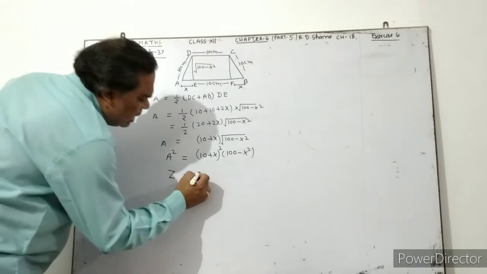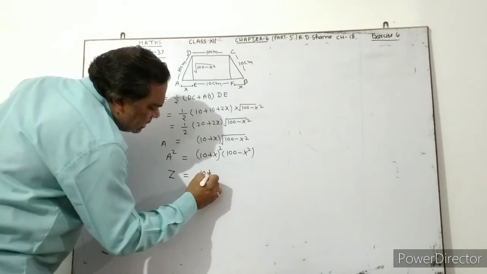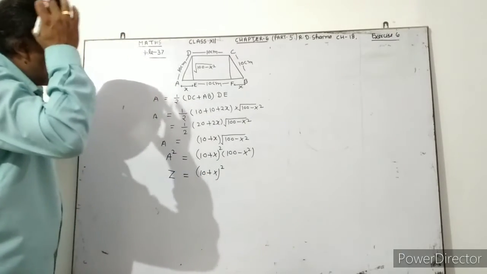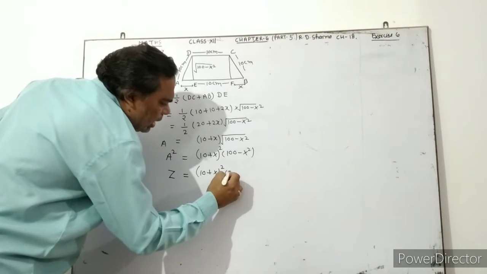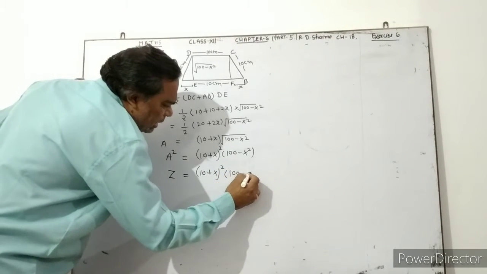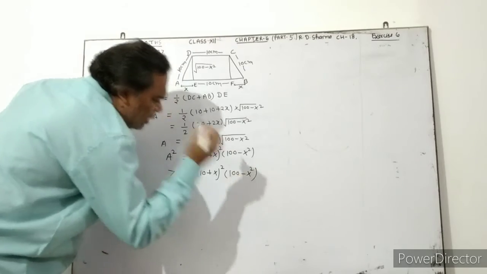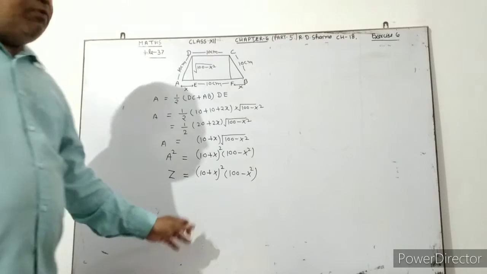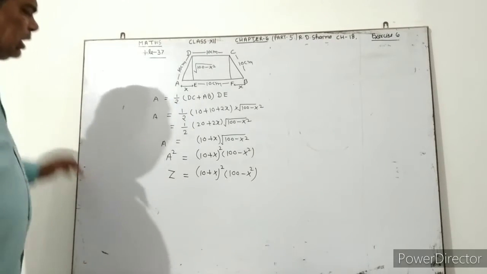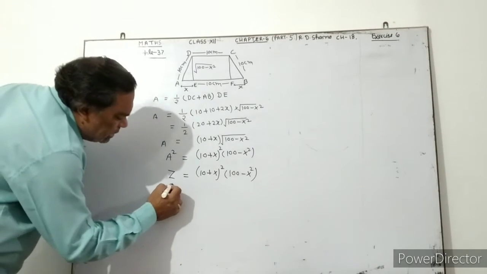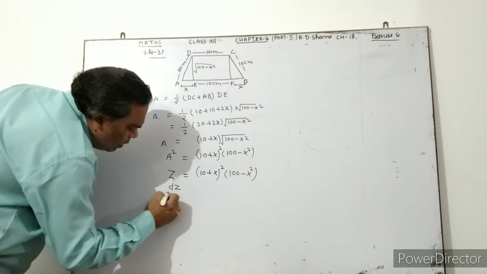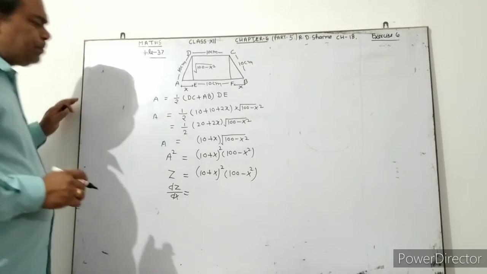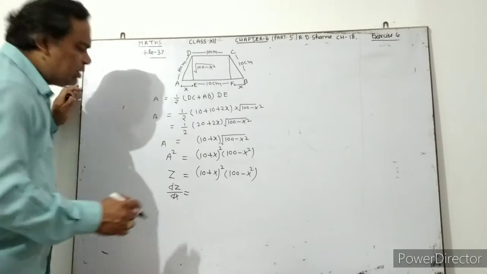Then this is 10 plus x whole square, and this is 100 minus x square. Now differentiating with respect to x, then dz upon dx. Now the first function, differentiation of the second function.